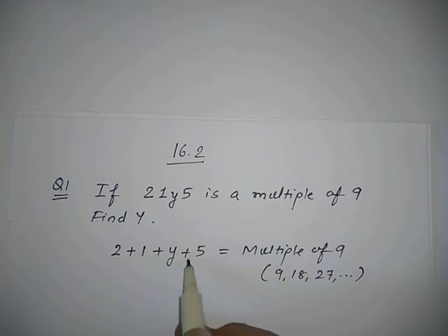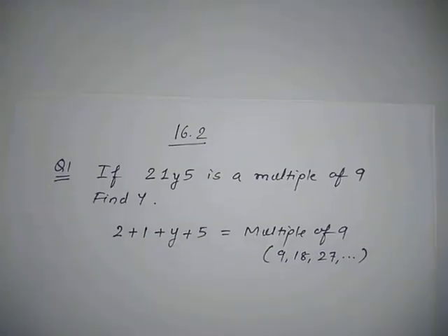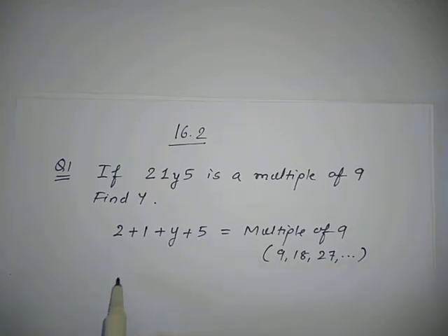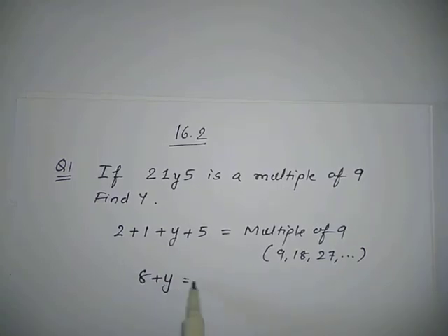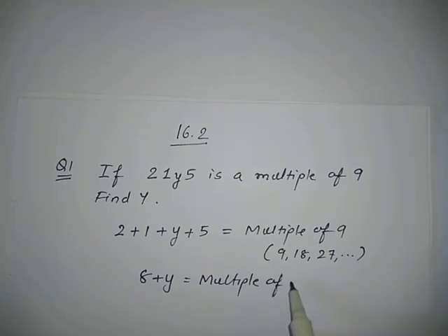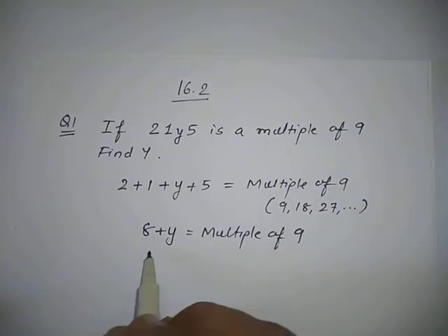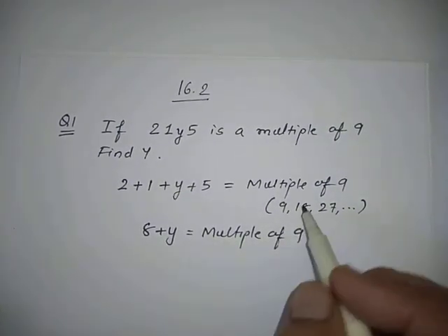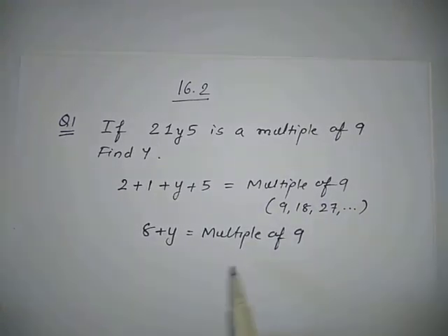So here total 4 digits, and y is one of them, a single digit. So 2 plus 1 is 3, plus 5, it will be 8 plus y, and that will be a multiple of 9. So a multiple of 9 can be 9, 18, 27 and infinitely many.